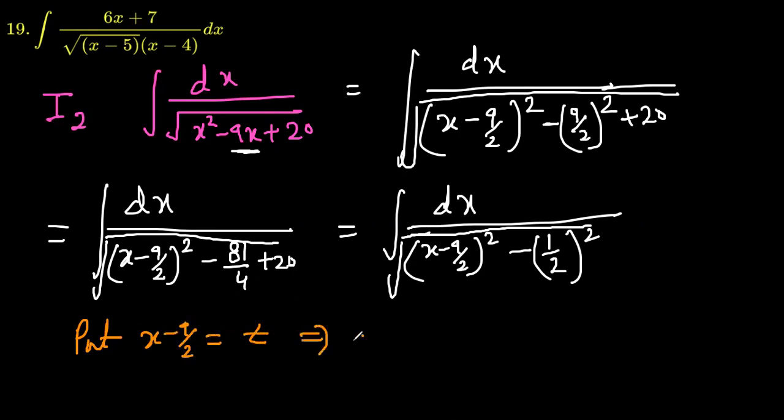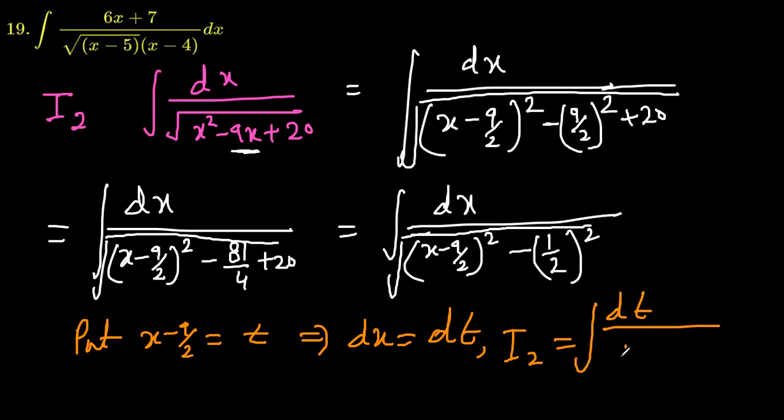That will give you dx is equal to dt. Then you would retain the value of t, and your I2 would look like dt over the square root of t squared minus half squared.